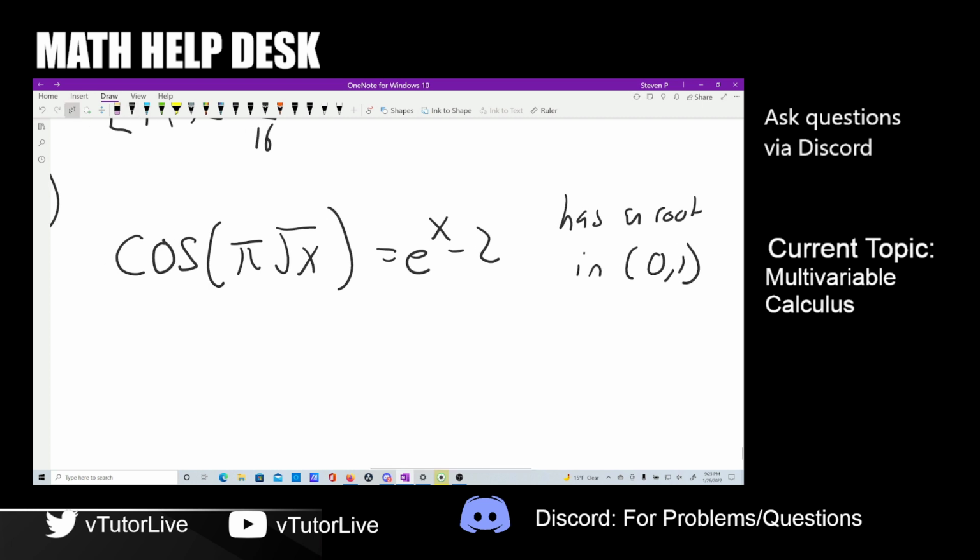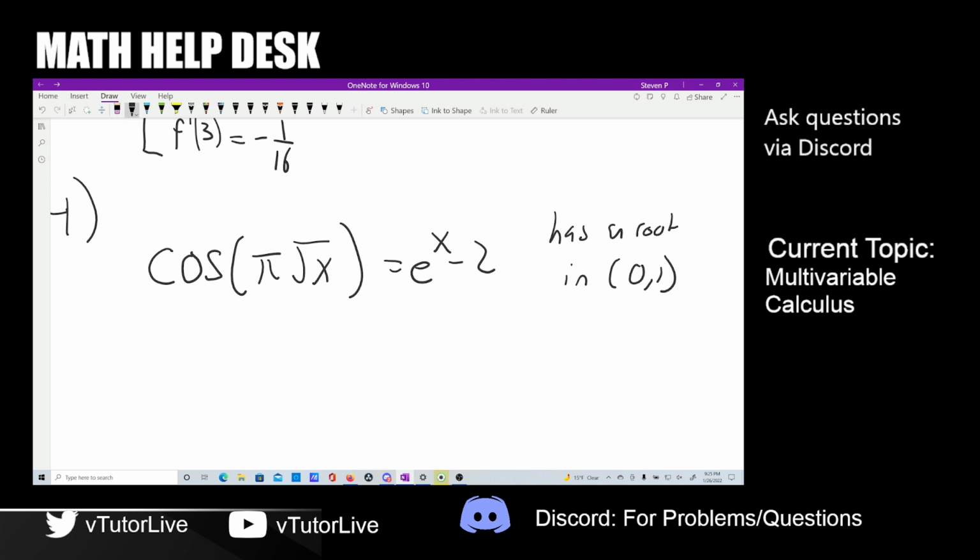And just as a brief reminder, to say that it has a root in this interval means that there's some value of x between 0 and 1 that satisfies this equation, that makes this equality true.